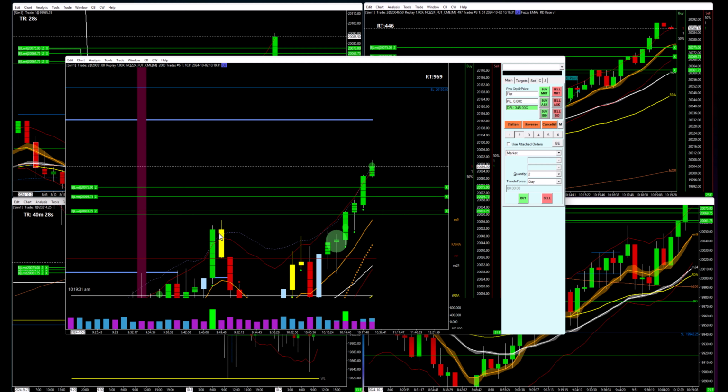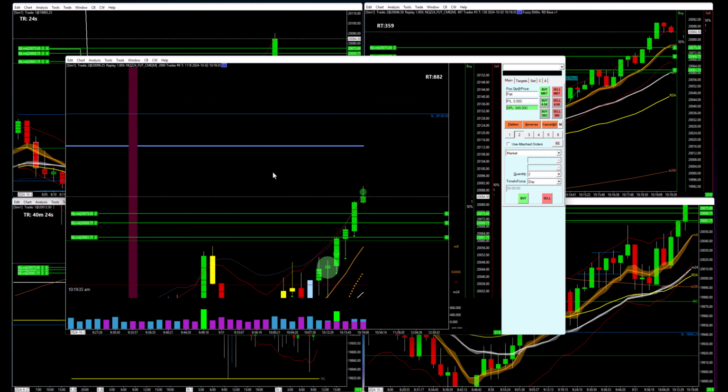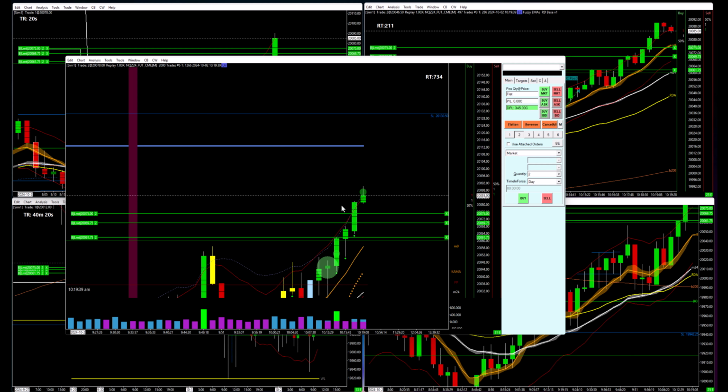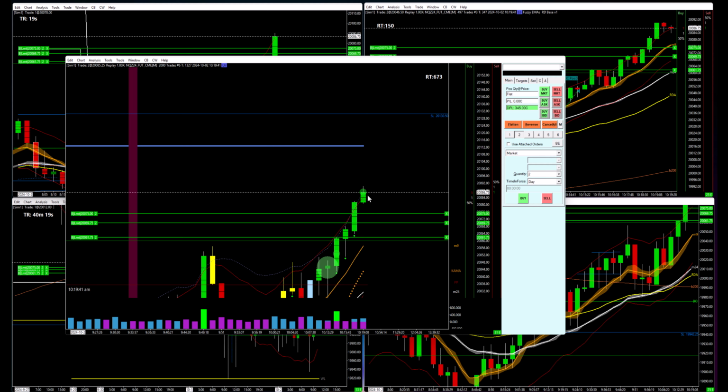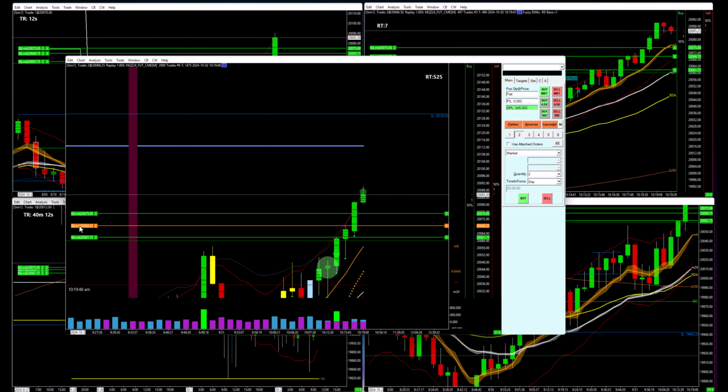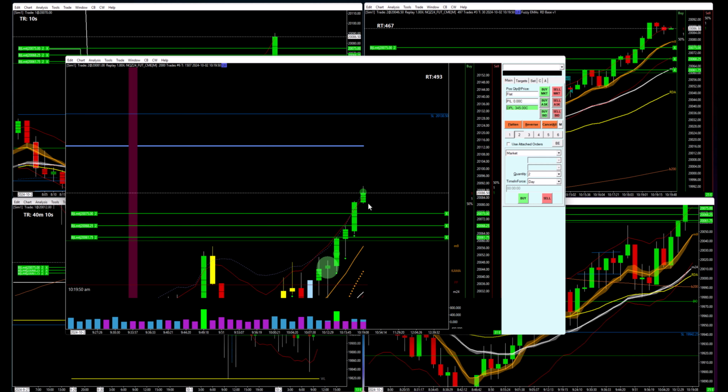Strong move up. What time is it? 10:19. Somebody just picked up another 50 right at that circle. So that's probably going to mean it's going to go back down. So they are immediately in the red. Let's see how much momentum it's got going up.